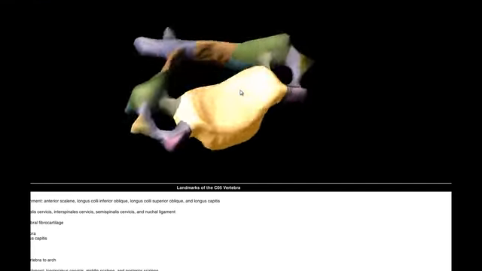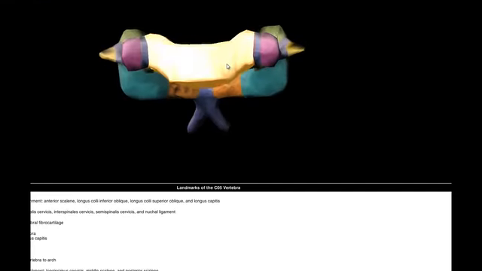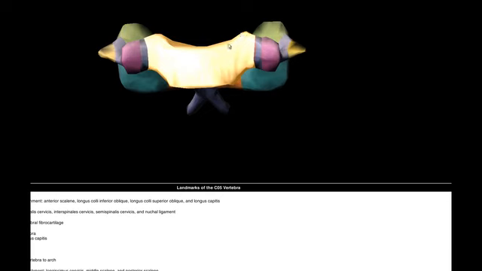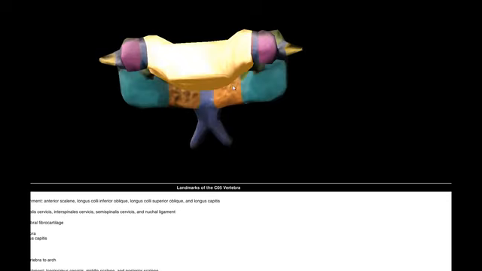The body of the vertebrae, and we can look and see that it is fairly concave on the superior aspect. So something that is somewhat different relative to the lumbar vertebrae is that concavity on the superior aspect and a convexity on the inferior aspect.